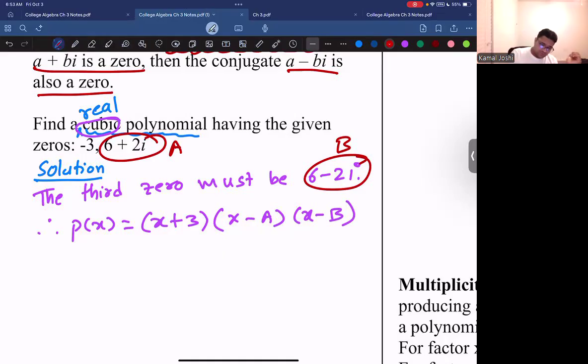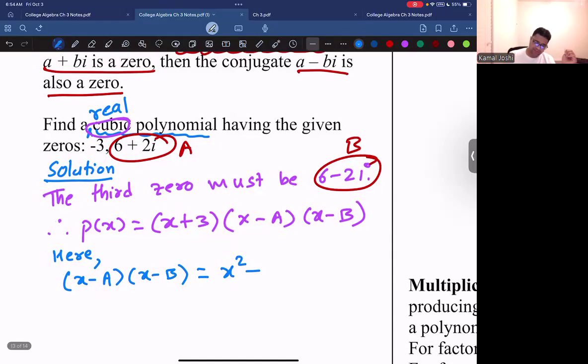To write the final answer in a simplified form, let me first obtain the product of x minus a and x minus b. When you multiply them, you get x squared minus bx minus ax plus ab. When you simplify it, it becomes x squared minus (a plus b)x plus ab.